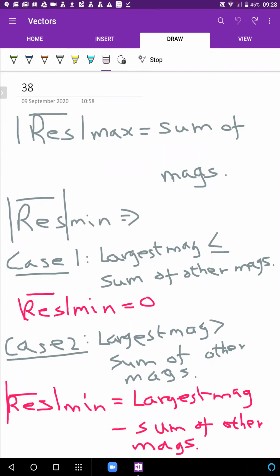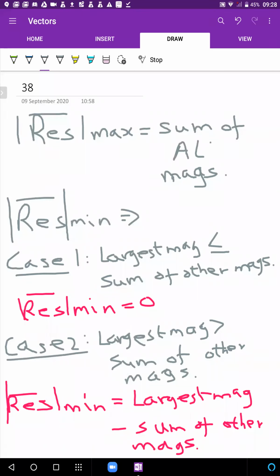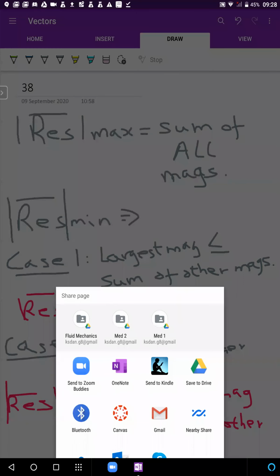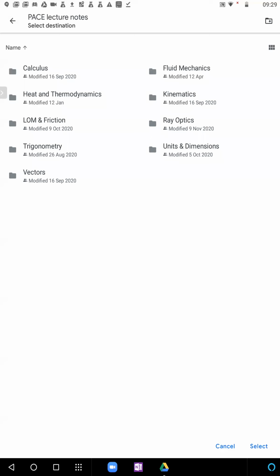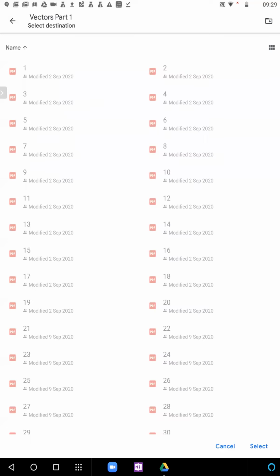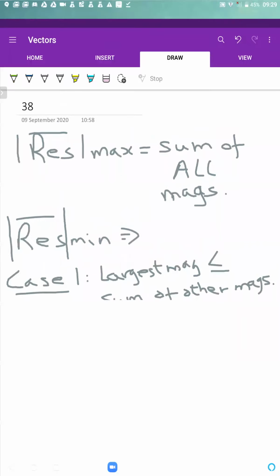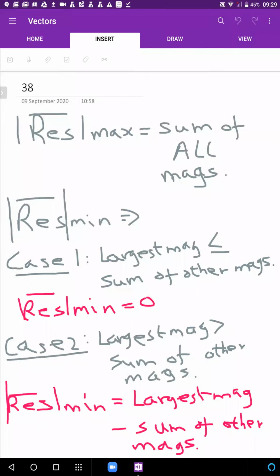Resultant का max value is sum of all magnitudes.